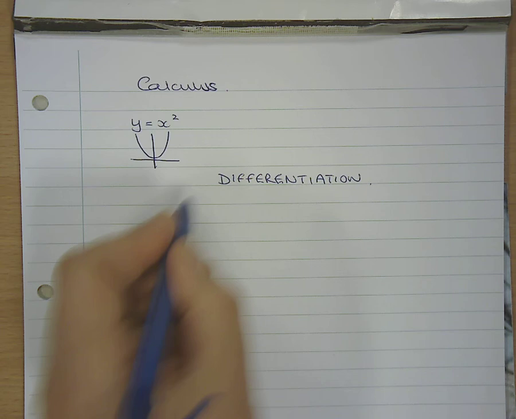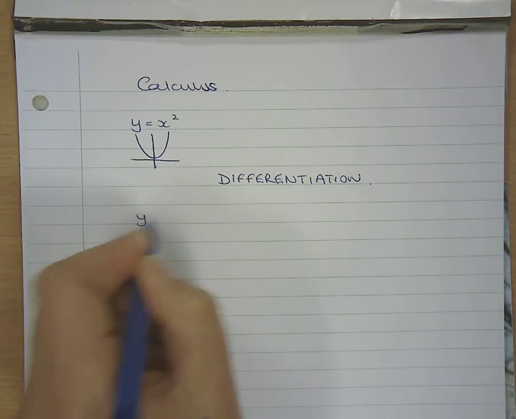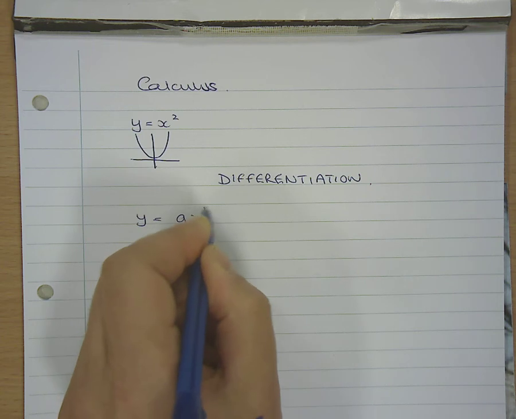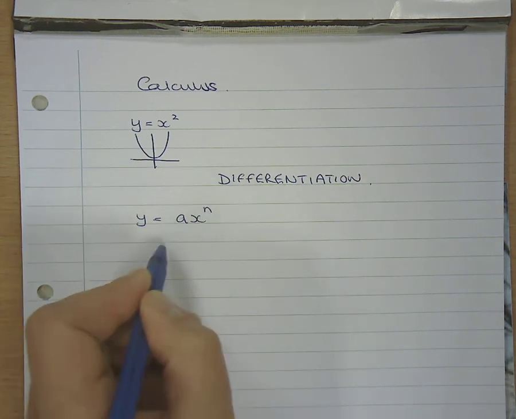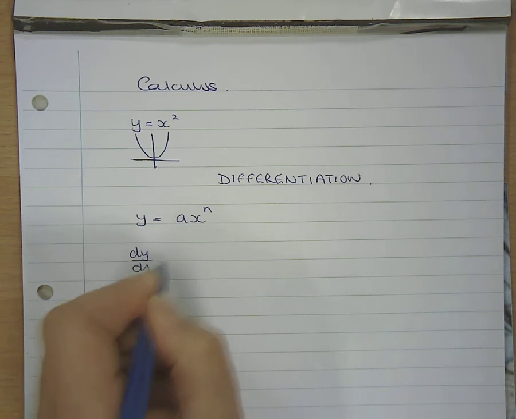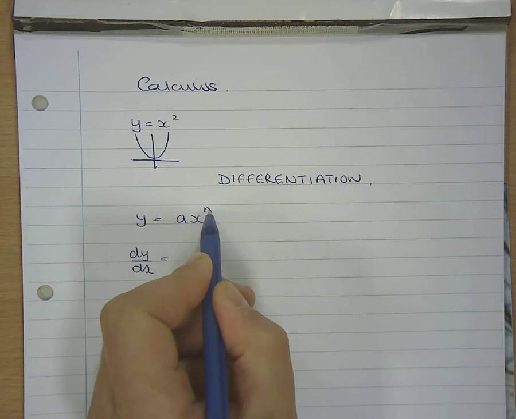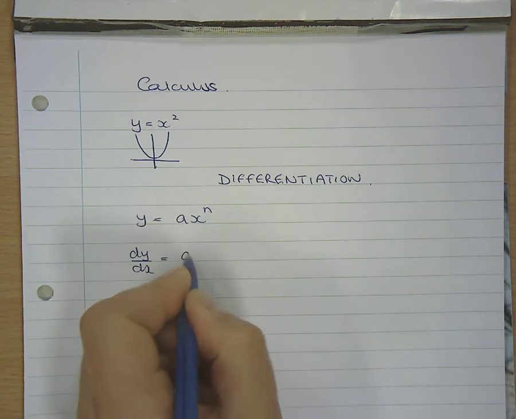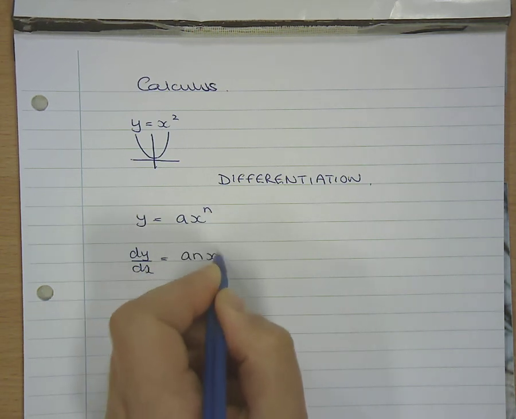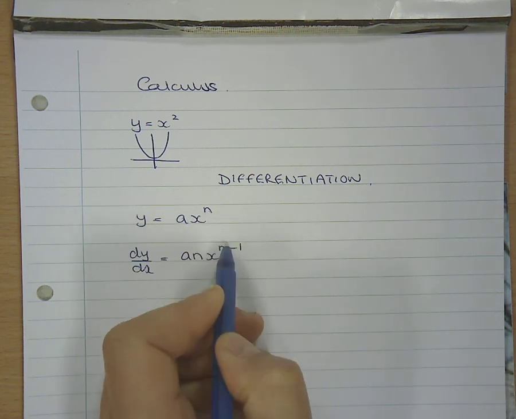There is an operation. First thing is if I've got y equals ax to the power n, when I differentiate it, y I call dy dx, and the process of differentiating is that this power comes down, so we get an x to the n minus 1, and we reduce the power by 1.